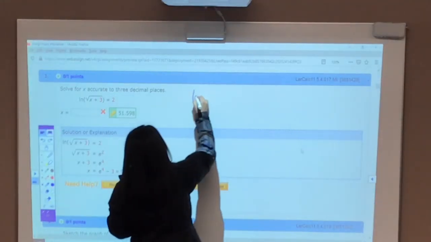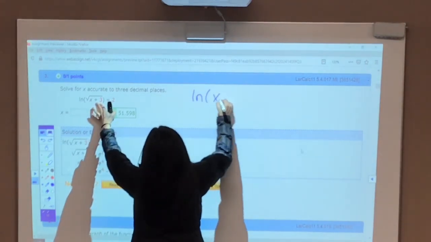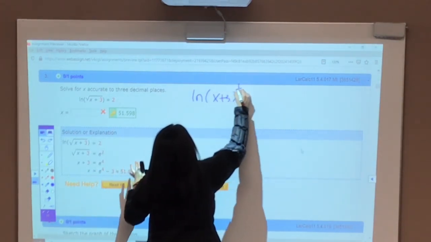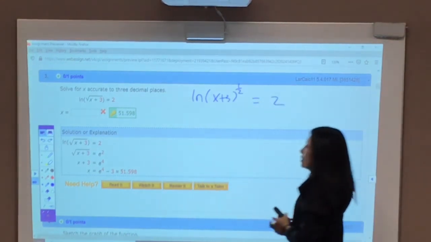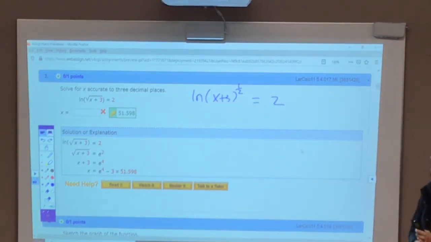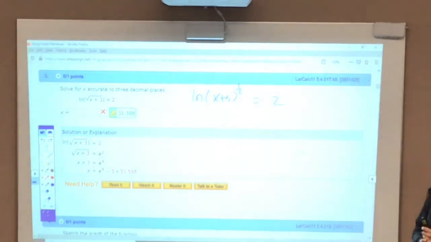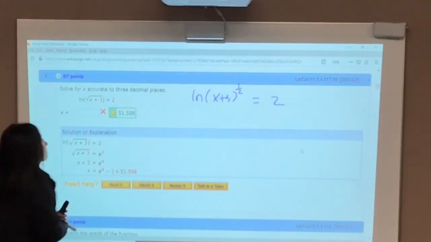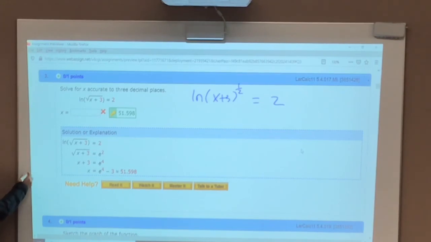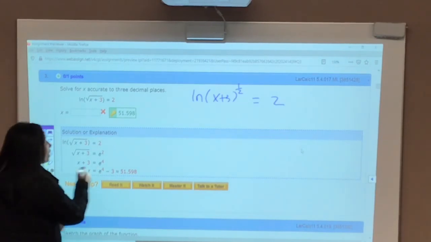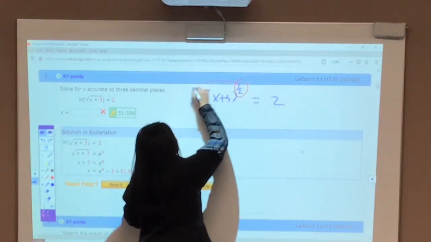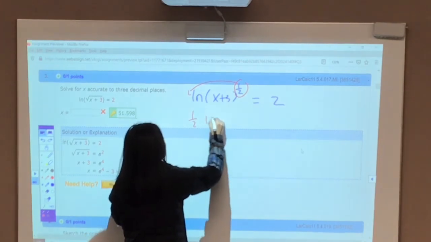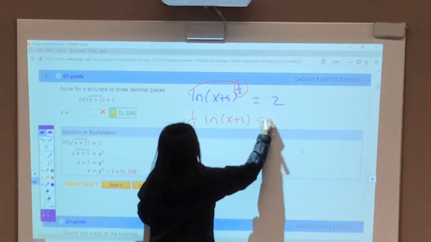We have natural log. I'm going to rewrite this problem as what? X plus 3 to the 1/2 power equal to 2. We're looking to solve for x. Okay. All right. Is everybody good? So can I bring down 1/2? So I have 1/2 natural log x plus 3 equal to 2.